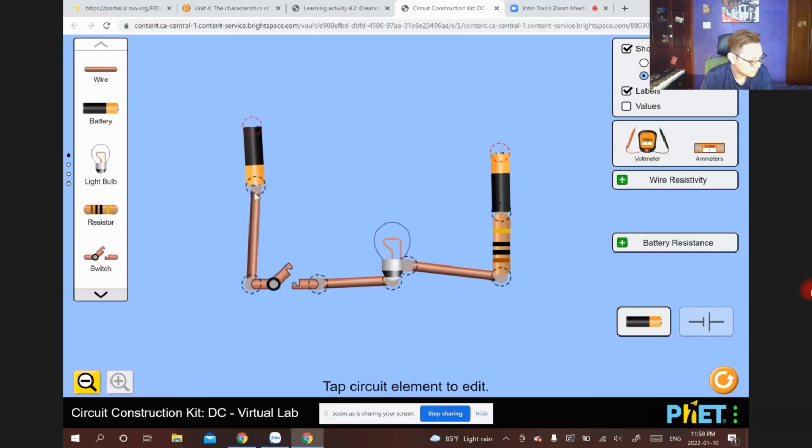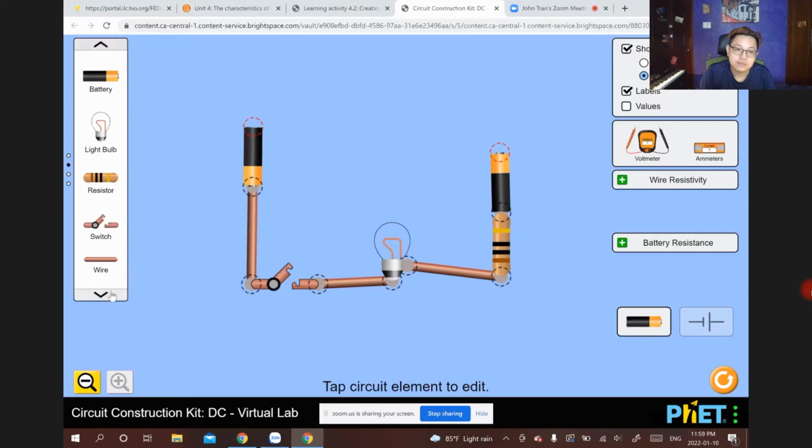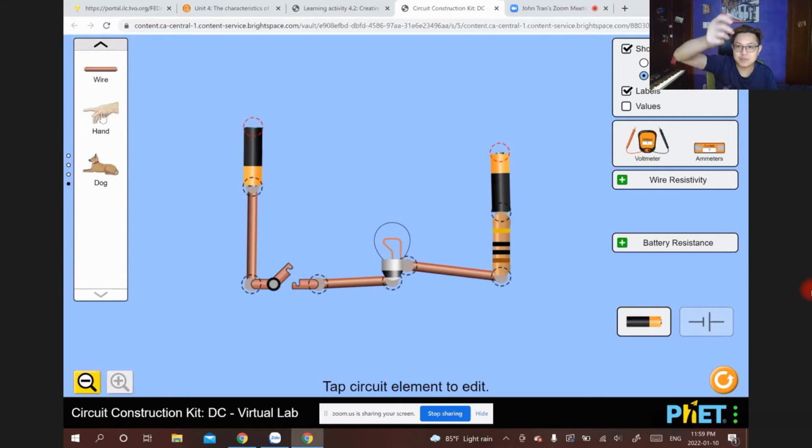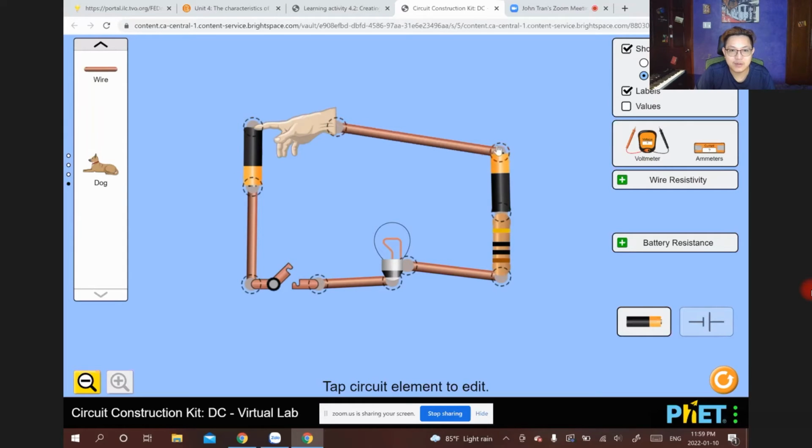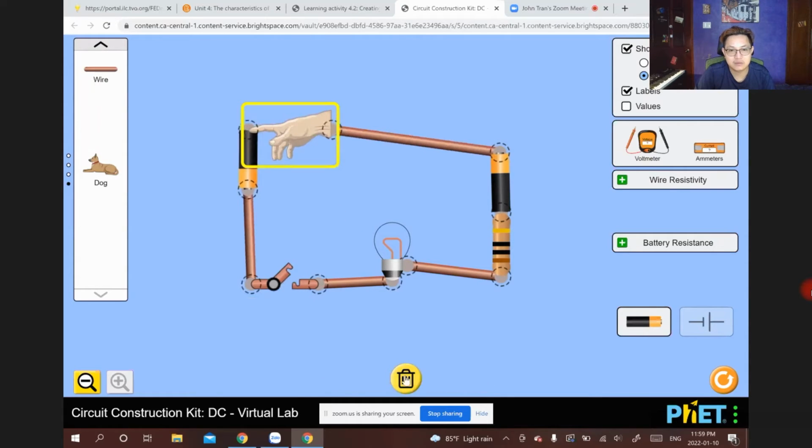What happened when you put your hand on the light bulb? If you flip the battery the wrong way, it won't work. If you try your hands there, it won't work because a human body actually doesn't conduct electricity very well.